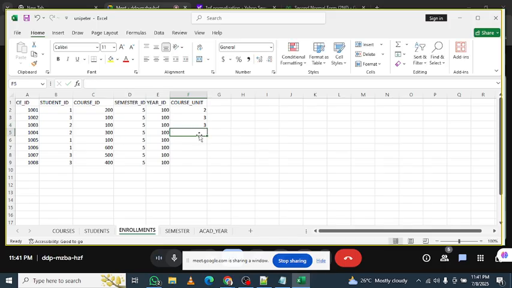This course, let me say it's also 2 units. This is 100, 3 units at least. That is the unit. So this course ID 600, let's say it is a 2 unit course, and this is also a 3 unit course. Do you understand? That is the course unit.